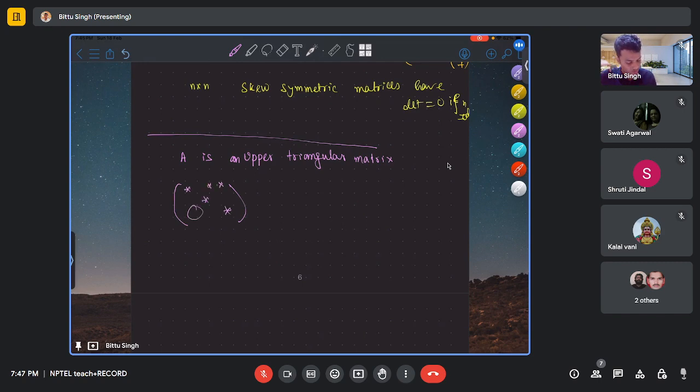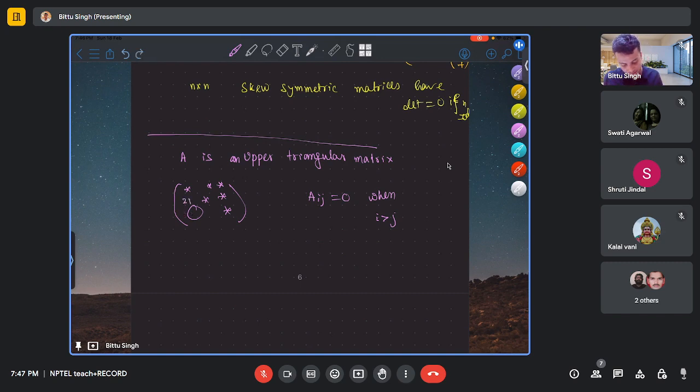Below the diagonal everything is 0, and we can denote it by Aij is 0 when i is greater than j. So for example, the entries at positions 2 1, 3 1 and 3 2 are 0.